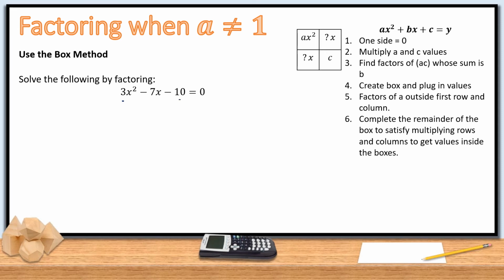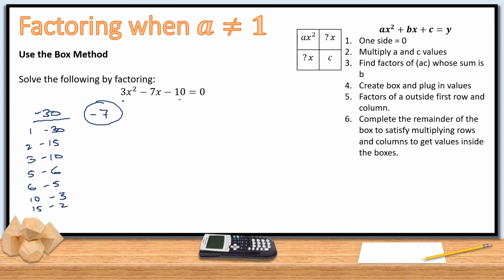So 3 times negative 10 is minus 30. You then want factors of minus 30 that when you add them together, you get negative 7. So factors: 1, negative 30; 2, negative 15; 3, negative 10; 4 does not; 5, negative 6; 6, negative 5; 10, negative 3; 15, negative 2; and 30, negative 1.